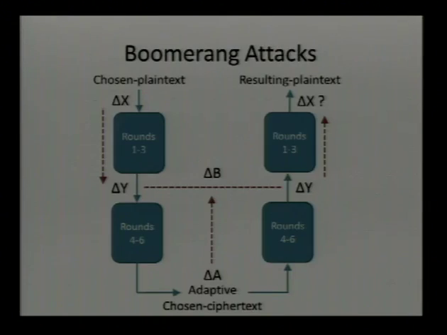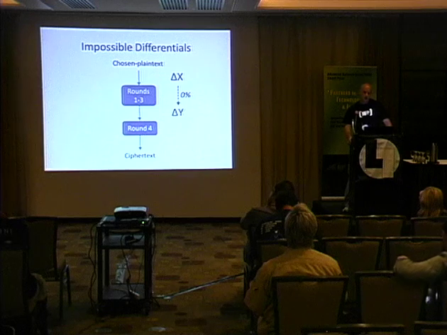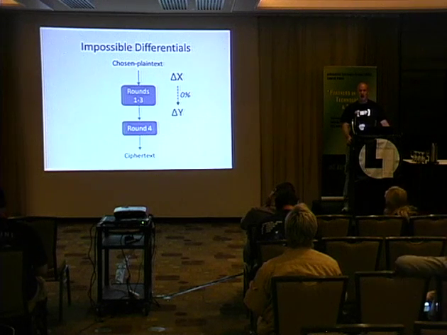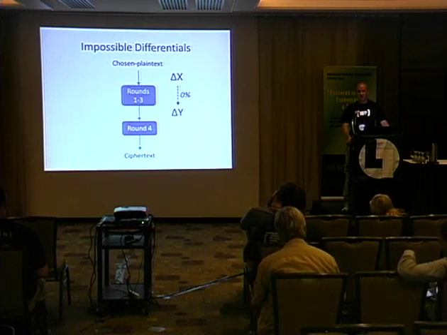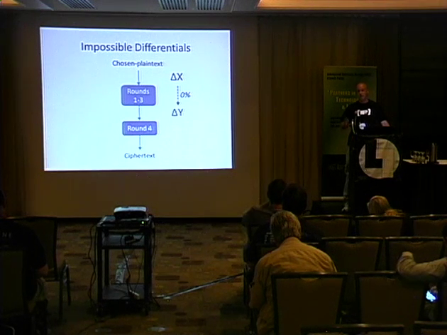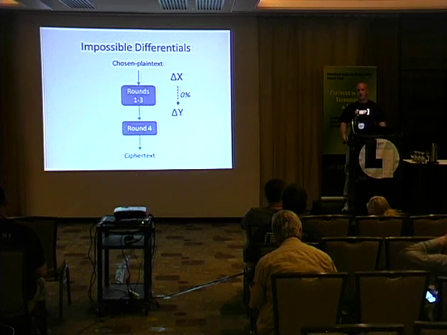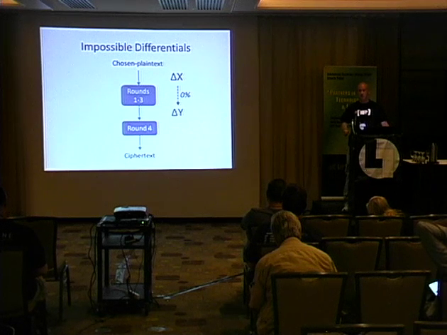All right, let's see. On the opposite end of the spectrum, instead of using differentials that we know happen 100% of the time, you can use differentials that you know happen 0% of the time. In other words, I start with a number, I feed it in, then I start with that same number, change one bit, feed it in again, and see what changes at the end.